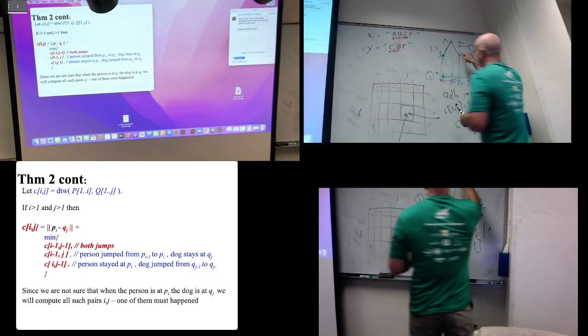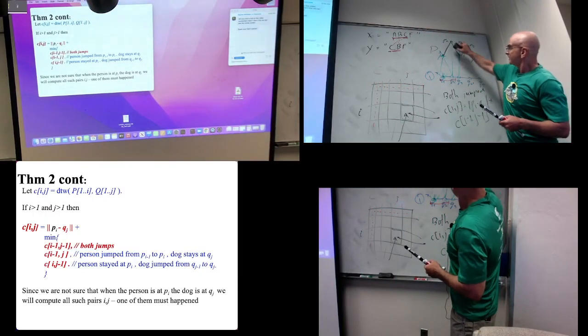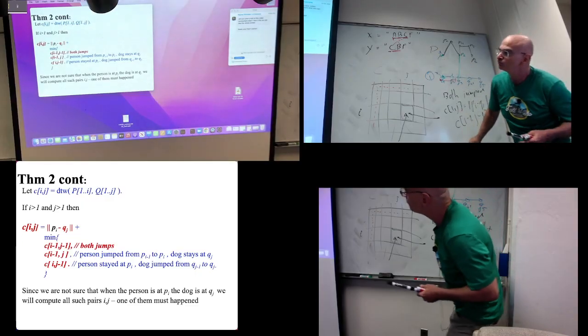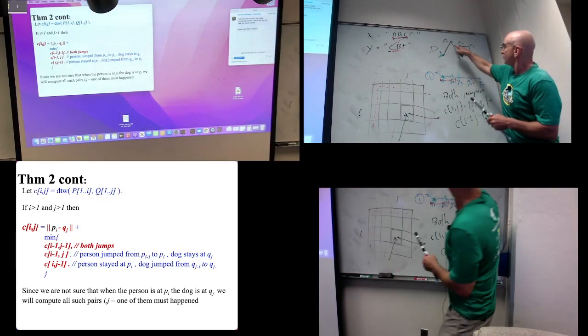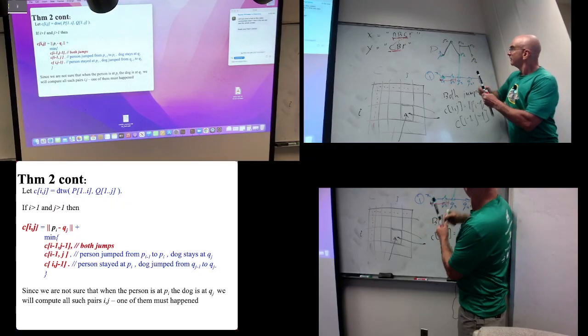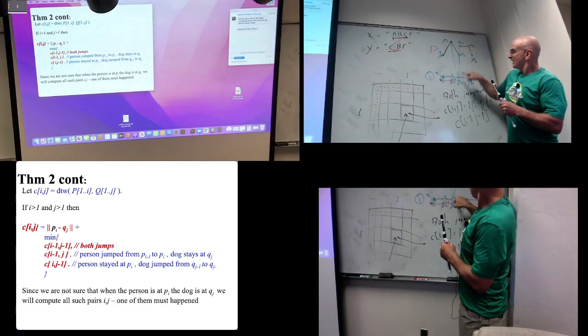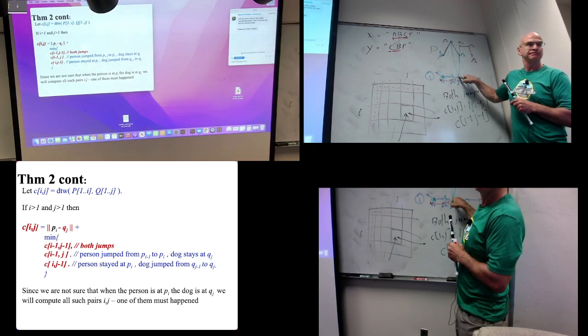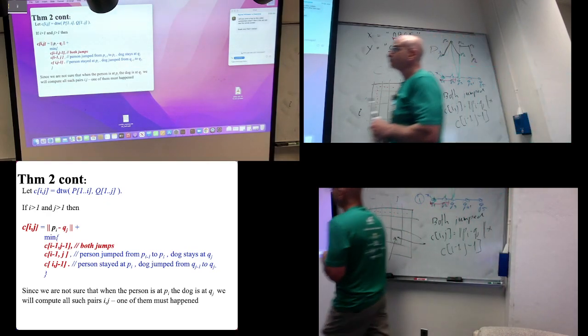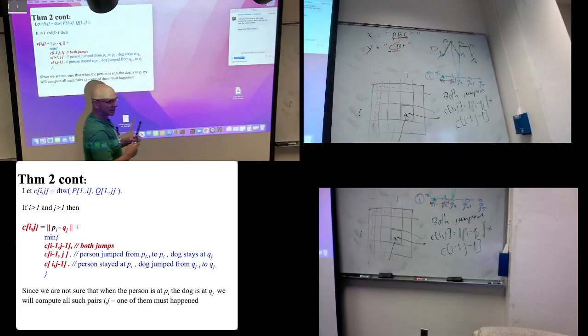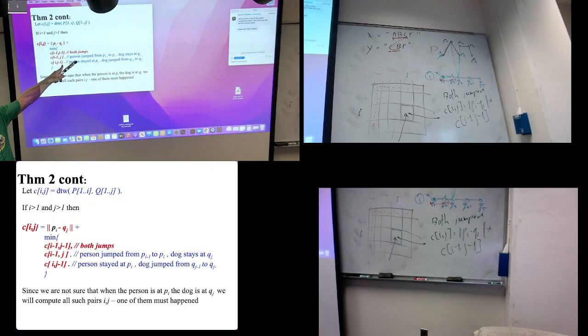I'll write just the last case: the person was the one that jumped from P2 to P3, and the dog was already at Q3, in the case of 3, 3. There are a few more leashes that you don't see, but their total sum optimally is written as C(i minus 1, j minus 1).